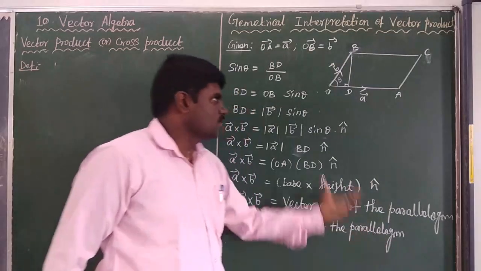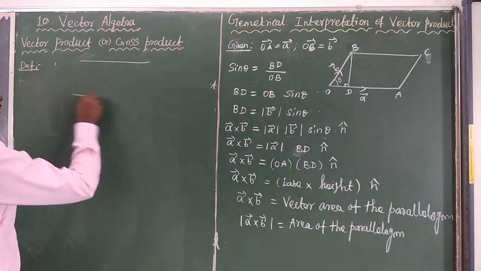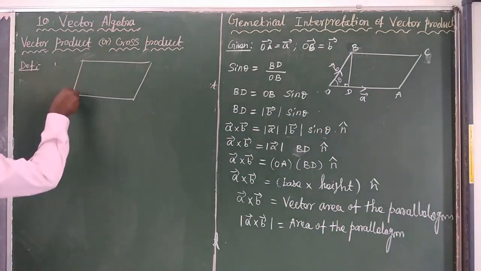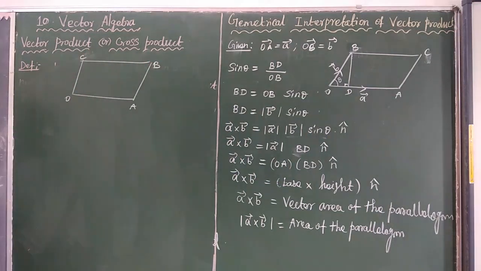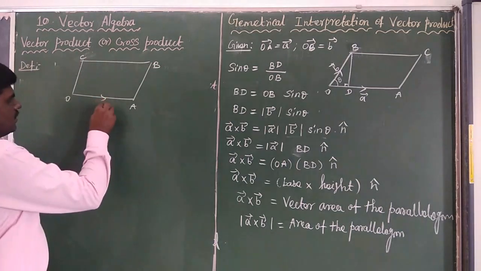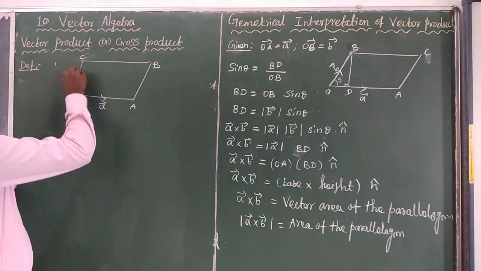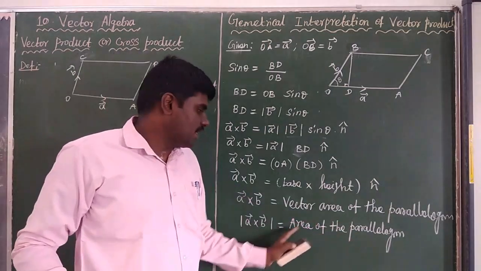You get the idea. In the parallelogram OABC, what's the area of the parallelogram? Here the A vector and the B vector. So A cross B is the area of the parallelogram. You get the idea of the area of the parallelogram.